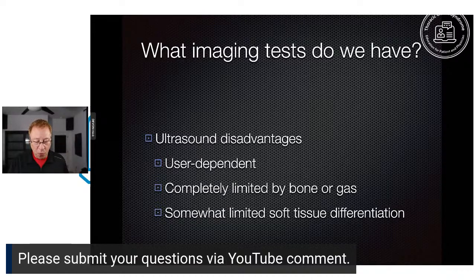As I mentioned before, ultrasound by its physics is limited by bone or gas, so it has several blind spots in the thoracic outlet. And then when you try to separate out the different soft tissues like the muscles from the nerves, that gets kind of hard to do. As a matter of fact, it's not nearly as good as MRI. We'll see that in a little bit.